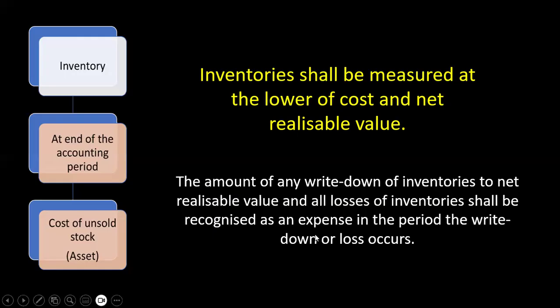This is a classic case of the conservative principle, anticipated losses, because this is an unrealized loss. It is only fluctuations in the market. That loss should be shown in the income statement as a separate line item. So in principle, cost or net realizable value, whichever is lower, is shown on the balance sheet.